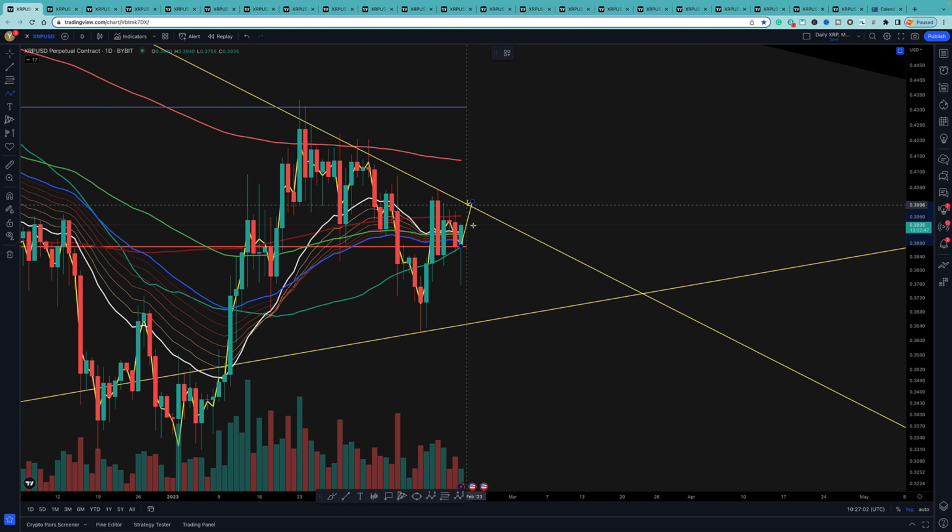I was talking about this gradual lift. And this gradual lift would take the 50 here and eventually have the 50 cross over the 200 here. 50 MA crossing over the 200.